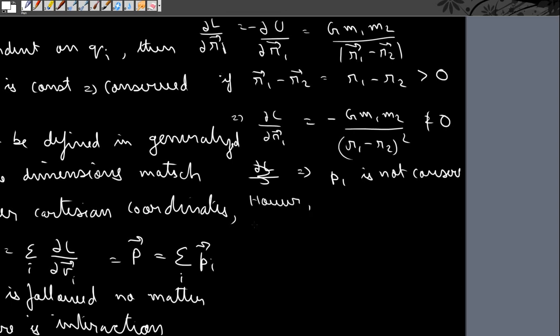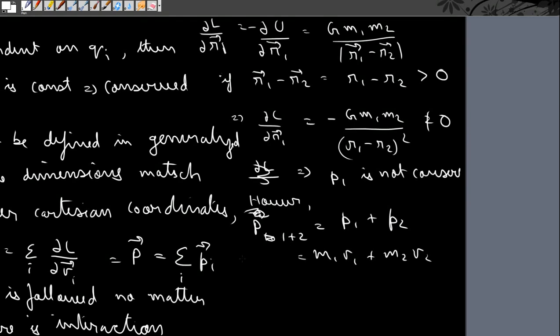However, P total, so 1 plus 2, is P1 plus P2, which in one dimension, without needing vector notation, is M1 V1 plus M2 V2.